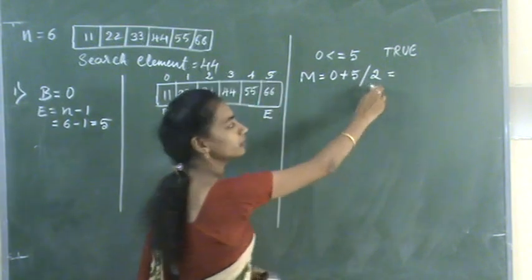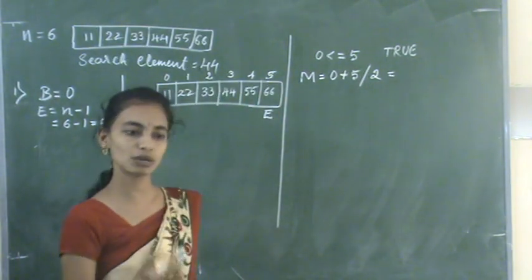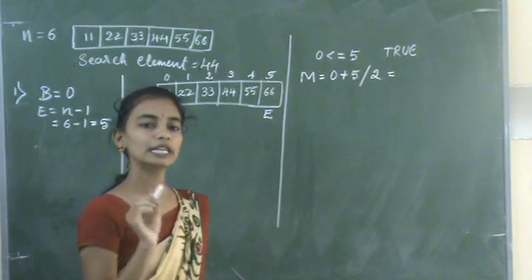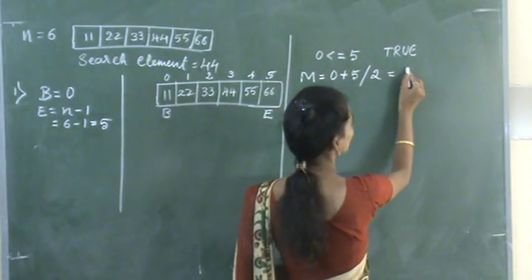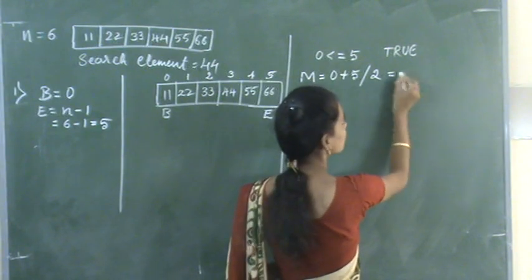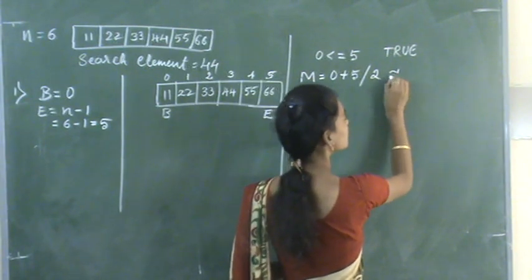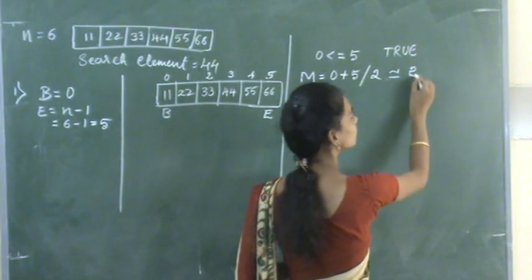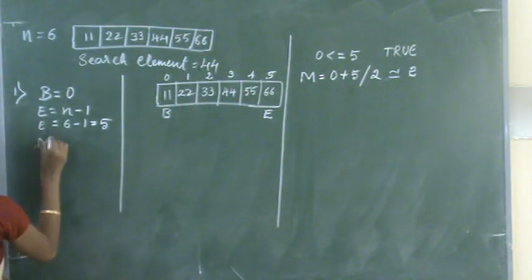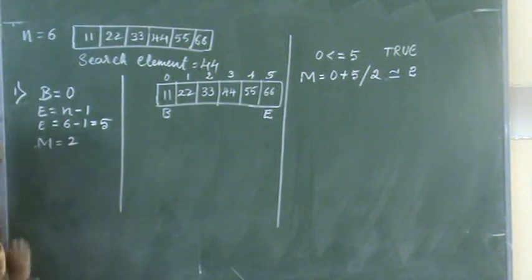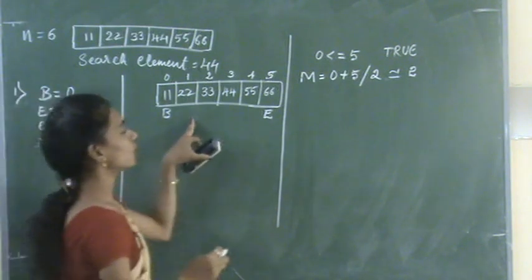If we divide, we get a decimal number, but we take only the integer value. We get 2 point something, so we approximately take the integer value, that is 2. So now mid becomes 2.